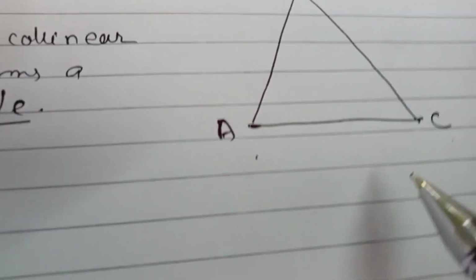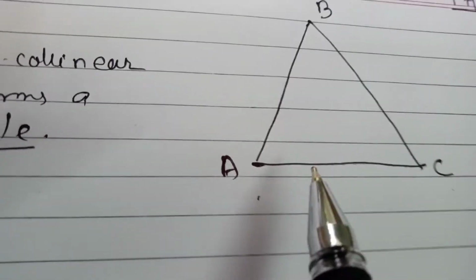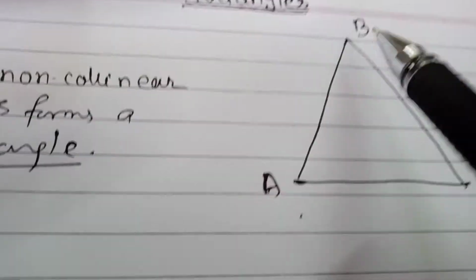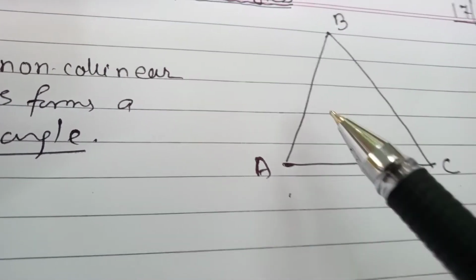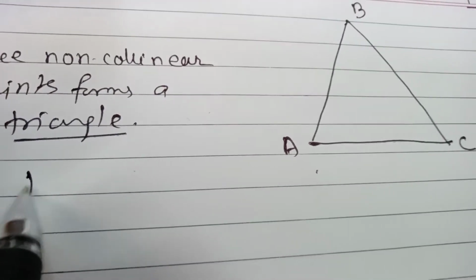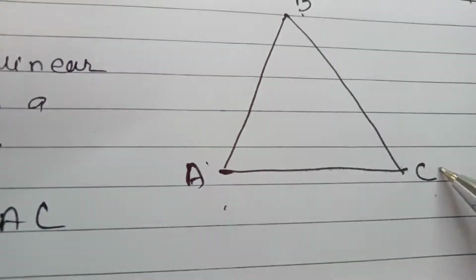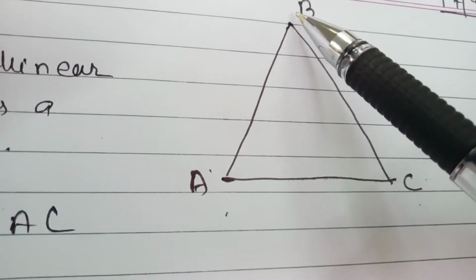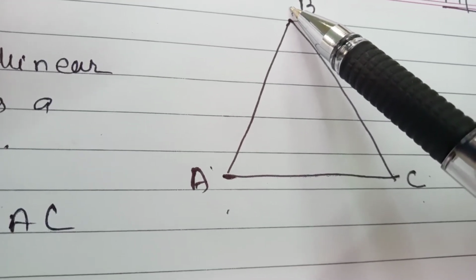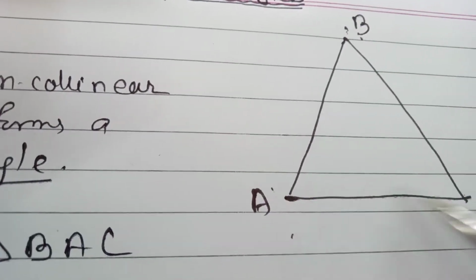Now, what are the parts of the triangle and how do we indicate a triangle in terms of geometry? A triangle can be read in any sequence. For example, I will write triangle BAC. I am not writing it randomly, I have to follow the cyclic sequence.